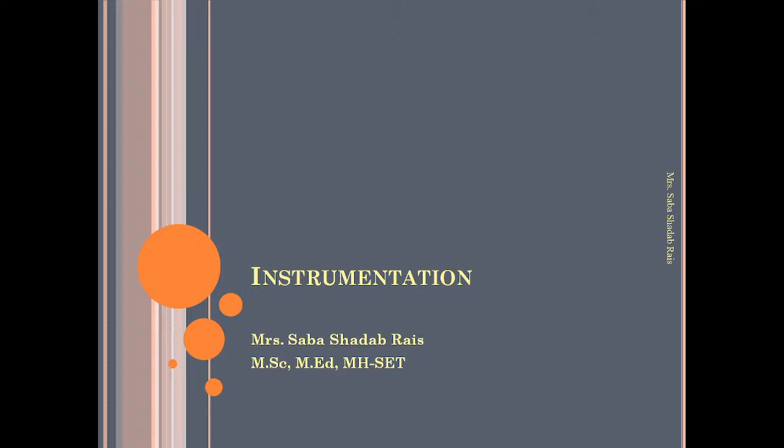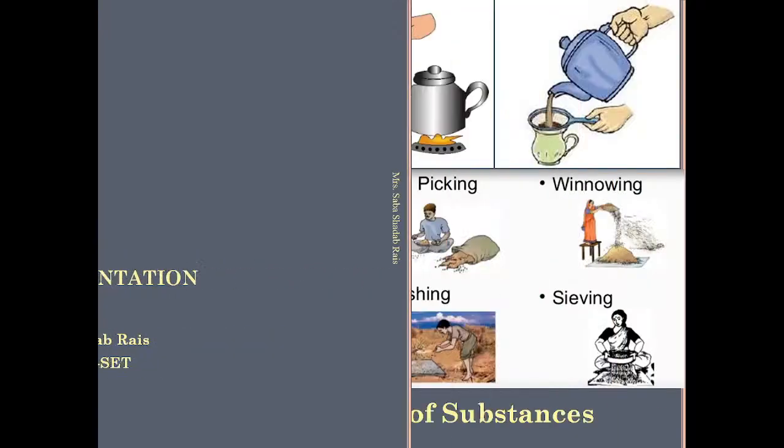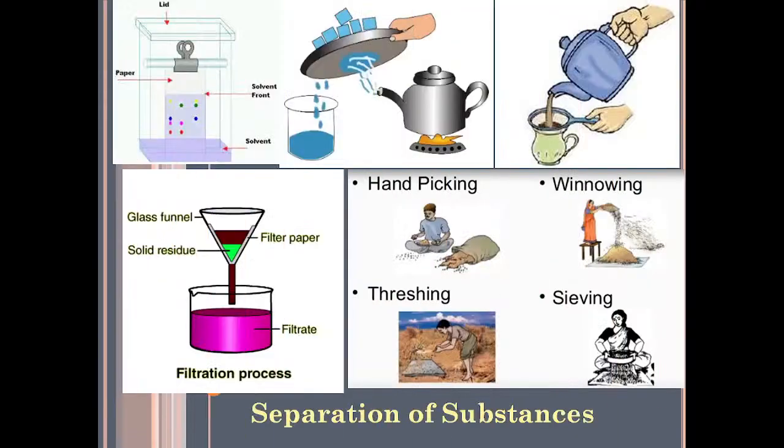If I talk about separation, that is the first thing we will start with. If I want to separate substances, there are a lot of methods, which we have been learning since sixth standard. If it is solid to solid, we can simply separate it by hand picking.